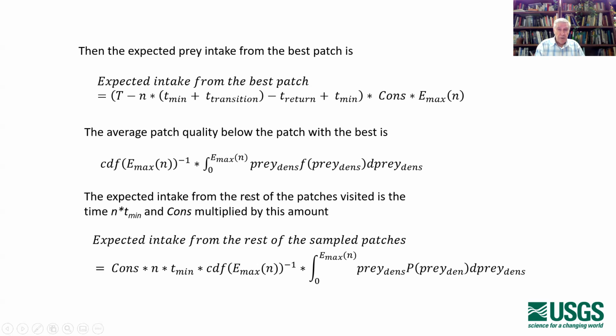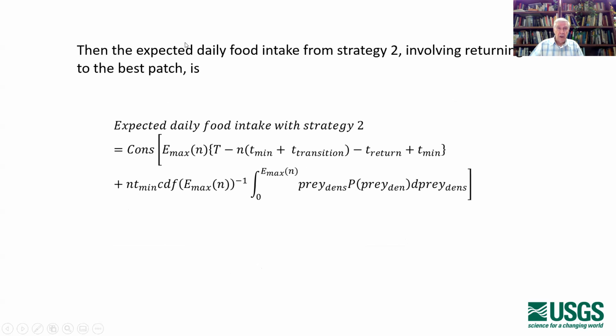So the expected intake from the rest of the patches visited is n times T-min, that's the number of patches visited, times the time that they had to spend there, times CONS, to give the expected intake from the rest of the patches. Then the expected daily food intake for the whole day involving returning to the best patch is given by the formula below.